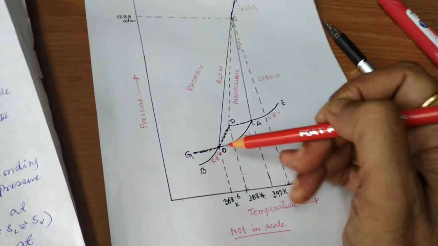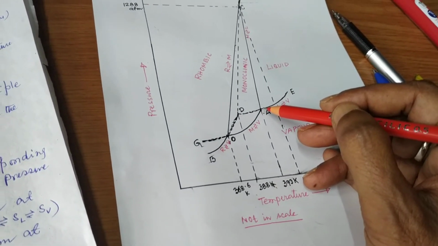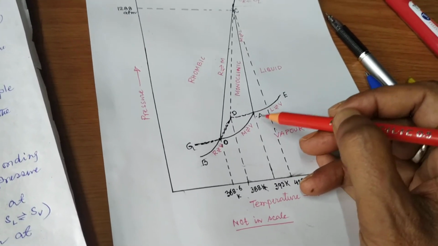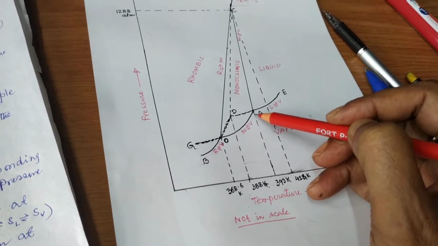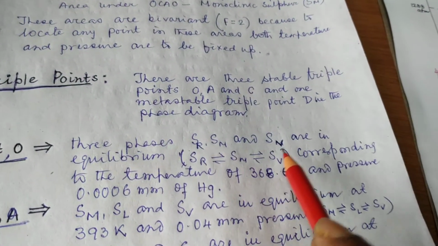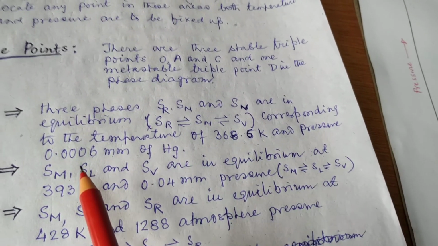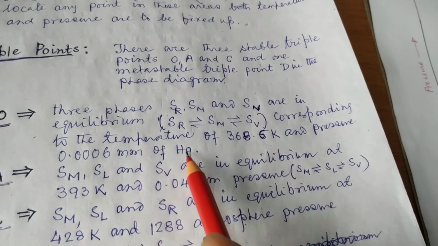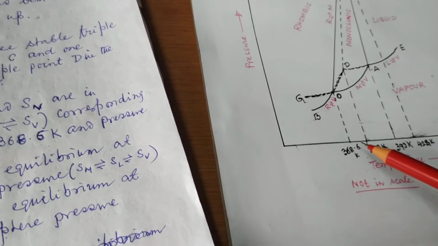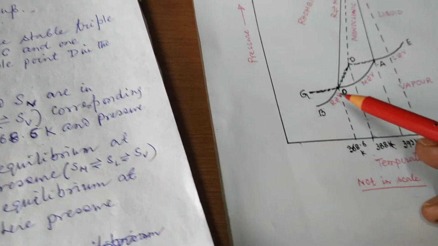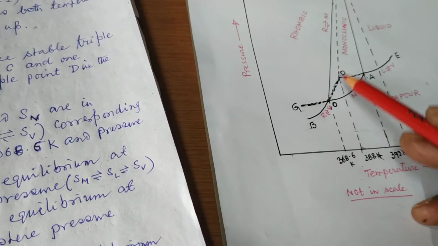Now what are these triple points? At point O, three phases, SR, SM and SV, are in equilibrium: rhombic sulfur, monoclinic sulfur and vapor.